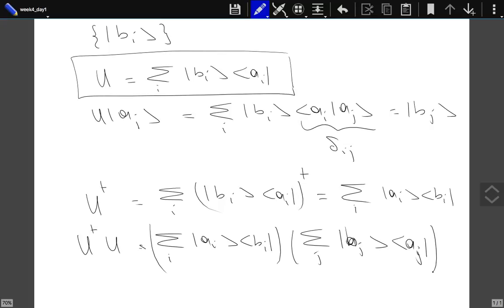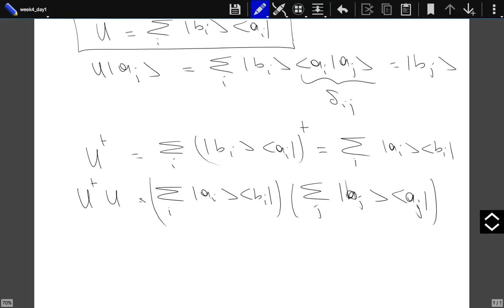Since the two summations are independent of each other, I just changed the dummy label. So this is equal to the sum over i, j of |Ai><Bi|Bj><Aj|.